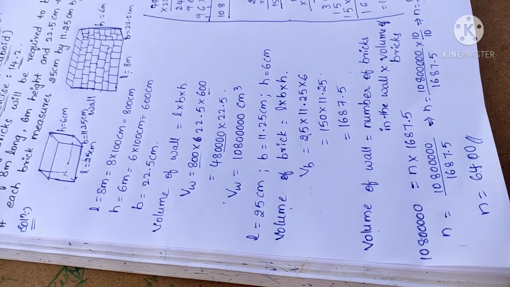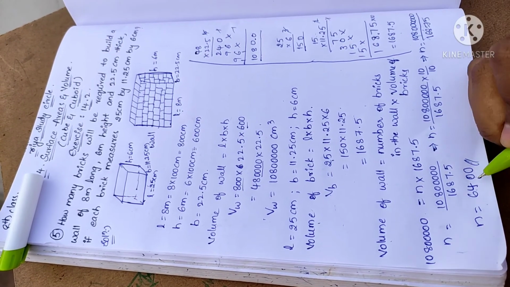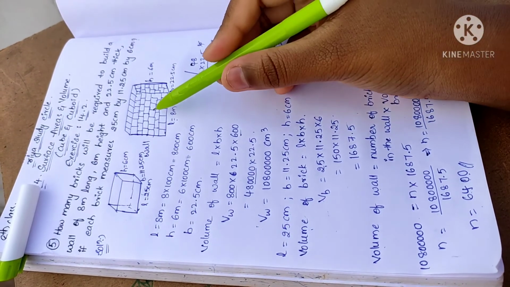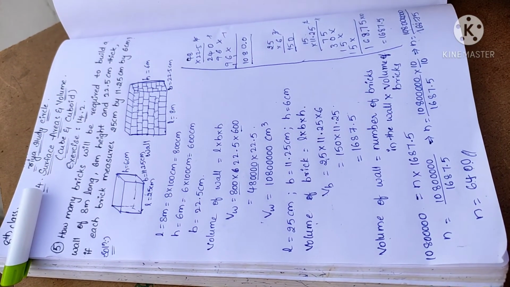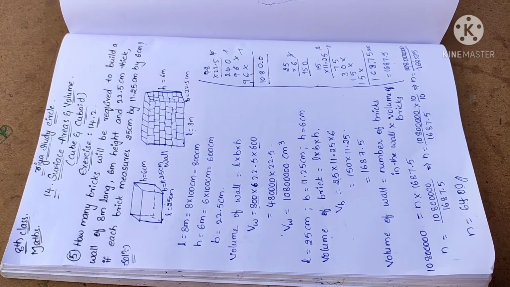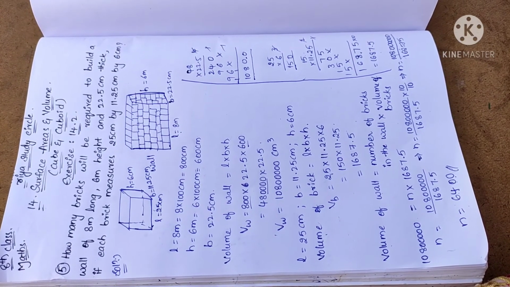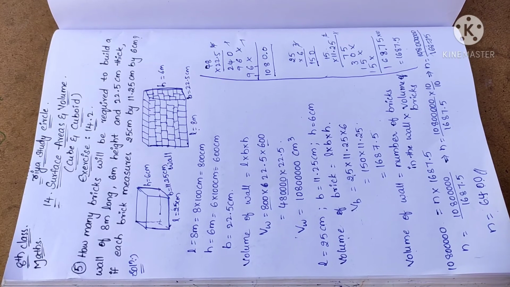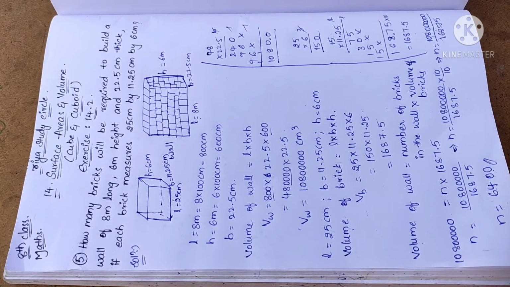Here n is number of bricks. So here we require 6400 bricks to complete this wall. If you have any doubts, then you can do this division. So the solution for this problem is 6400.